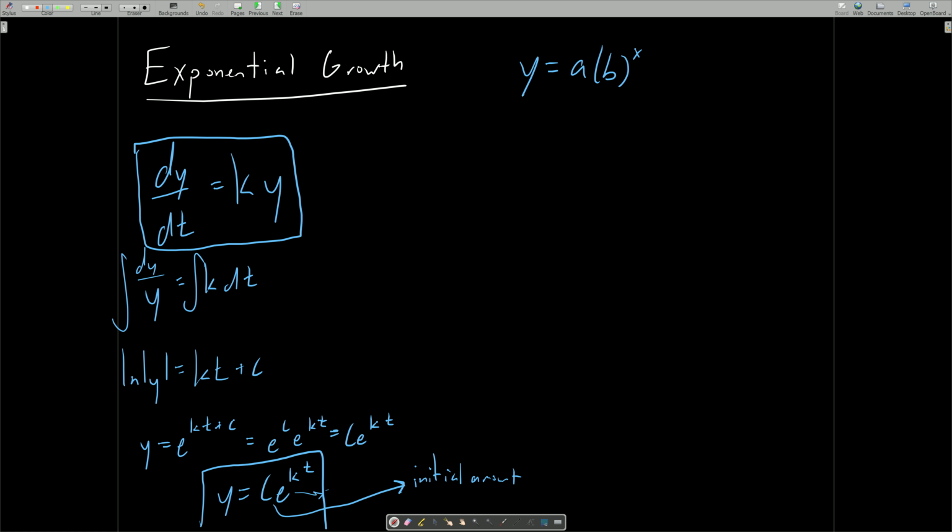Remember, that's your 2.71 and so on. k helps determine how fast it grows. And your t is your independent variable. It's just like your x. Your t is your amount of time. It can mean seconds, minutes, years, whatever it gives you. So this is what the solution looks like for an exponential differential equation.